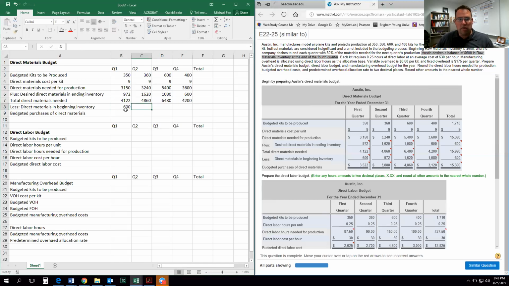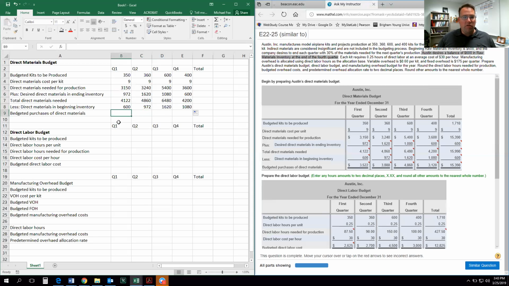And then the projected ending inventory for the first quarter is the same as the beginning inventory for the second quarter, right? Whatever you have left over at the end of one quarter becomes the beginning inventory the next quarter. So I'm just going to say this equals the ending inventory of quarter one. And then I'm going to use my tool to fill that.